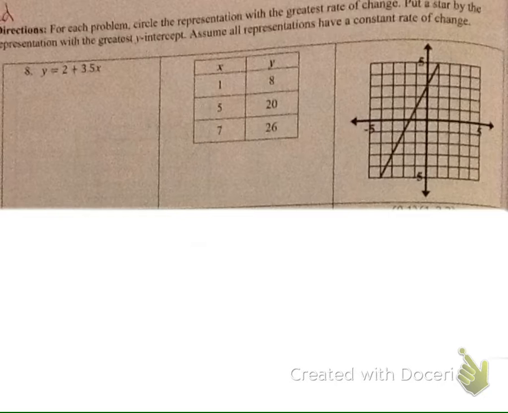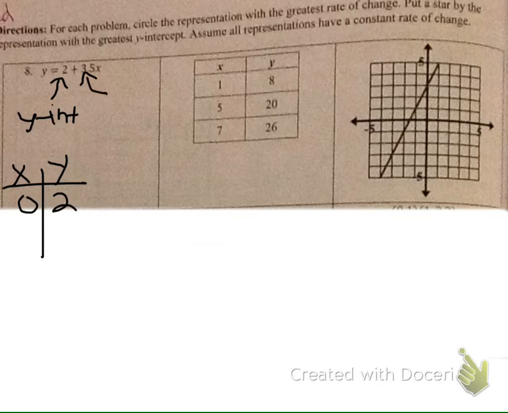So to represent number 8 in a table, it's my x and my y. At 0 is 2 because here 2 is my y-intercept. And then 3.5 is my rate of change or my slope, which means that every time my x goes up by 1, my y is going up by 3.5.